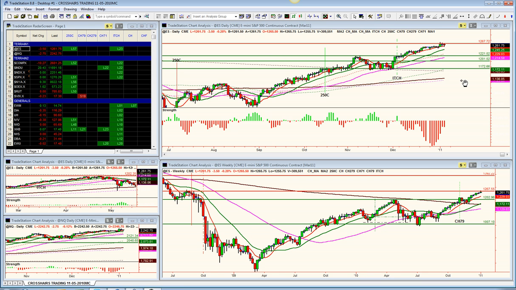I quickly just want to review how I look at support and resistance. First of all, I do not make a trade based solely on whether or not a stock has hit an area we determine is support or resistance.